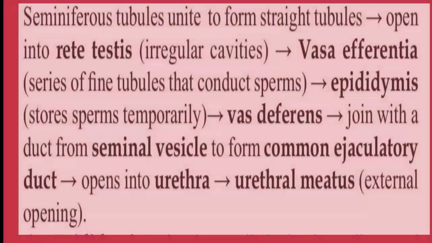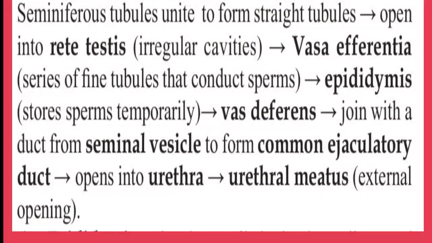Here in this particular slide is the journey of sperms. It starts from a seminiferous tubule. The seminiferous tubules unite to form straight tubules which open into the rete testis. The rete testis are irregular cavities of the testis. Then the vasa efferentia, a series of fine tubules that conduct the sperms.